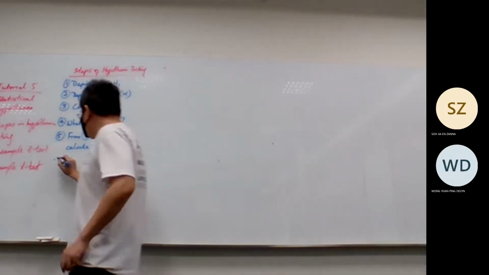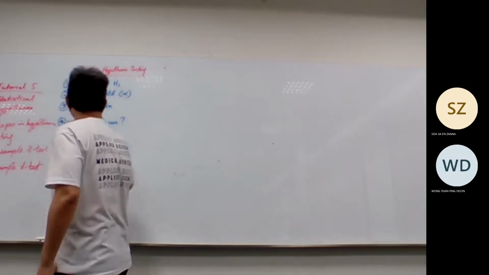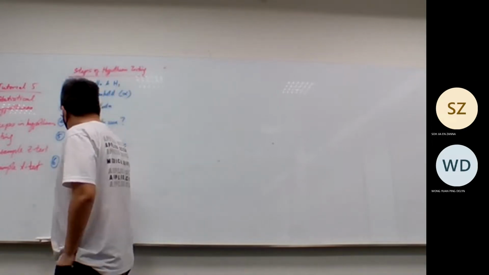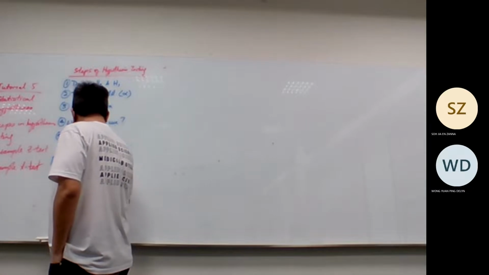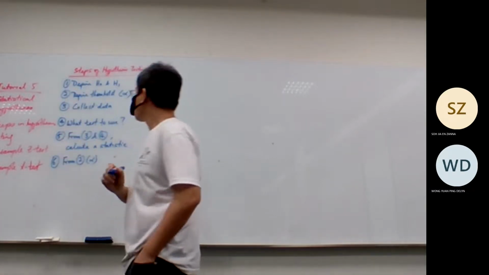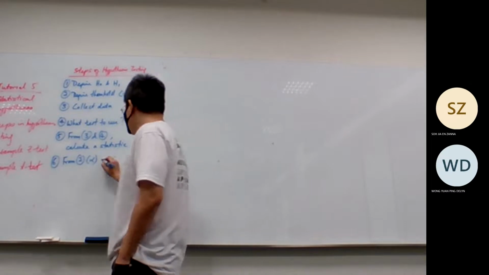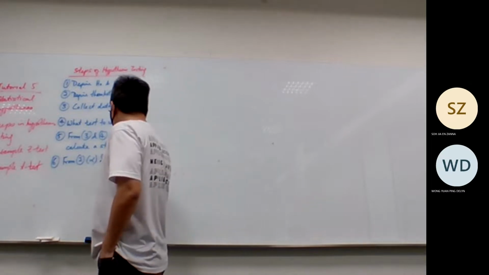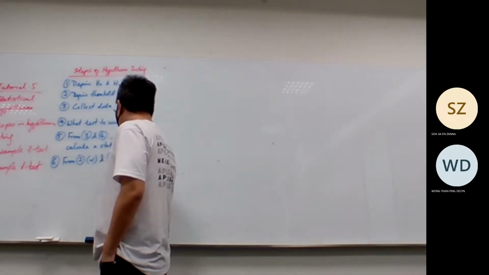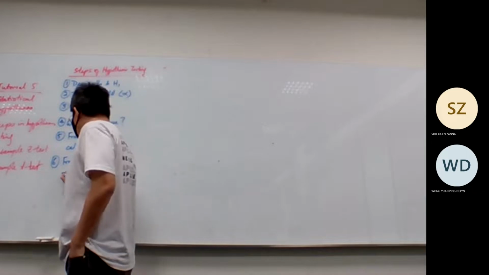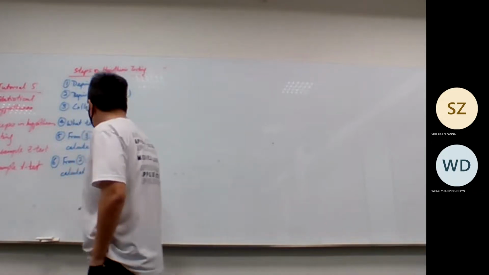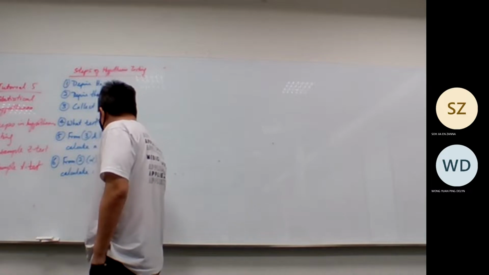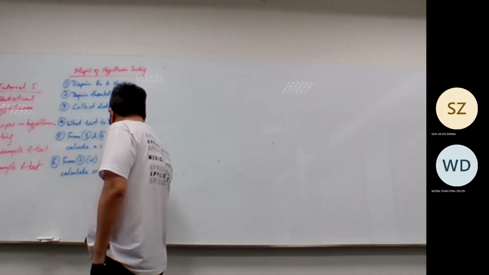Then step 6 is from alpha. So from step 2, which is your alpha, and your step 4, the test to use, you calculate what we know as a critical value.